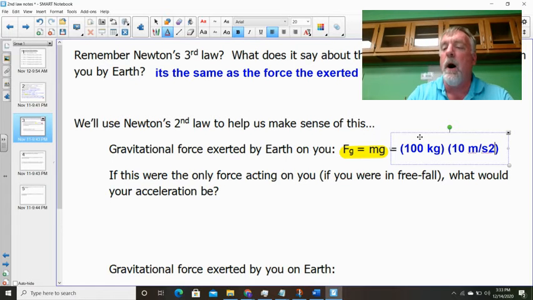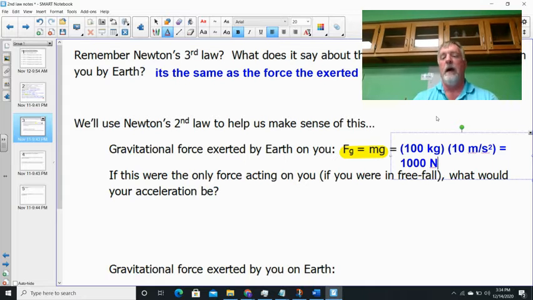So what would our gravitational force be on our football player? We're going to say 1,000 newtons. 100 times 10 is 1,000, and we call kilogram meters per second squared newtons. So that's the gravitational force the Earth exerts on us.